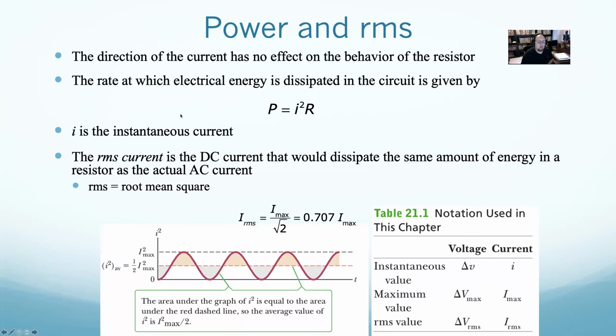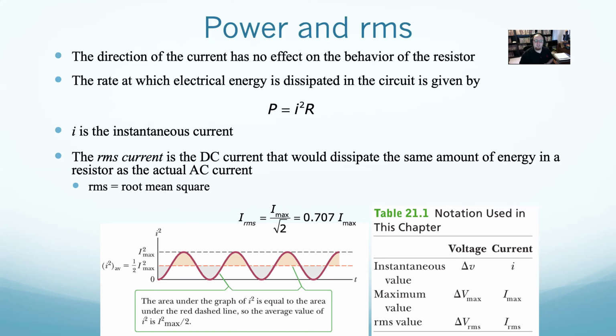This is called the RMS current, or the RMS voltage when I get into voltage. RMS stands for root mean square. If you have a current that's going up and down, up and down, you find the amount of power this thing's losing on average, because it's going to have some high bits and some low bits, but on average, how much power is it going to lose?